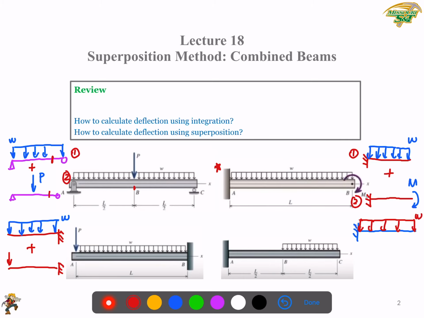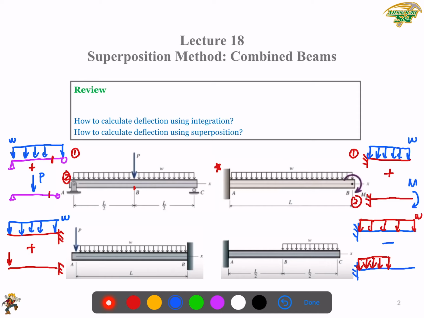And in the second case, you have a distributed load covering the first half of the beam. So here you just need to do a subtraction rather than plus. Right?